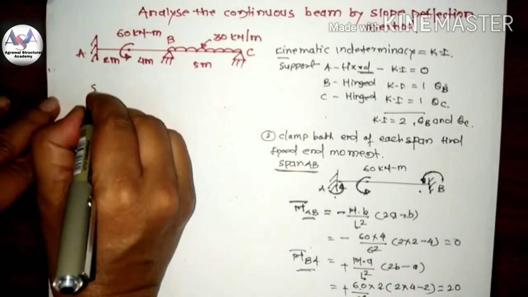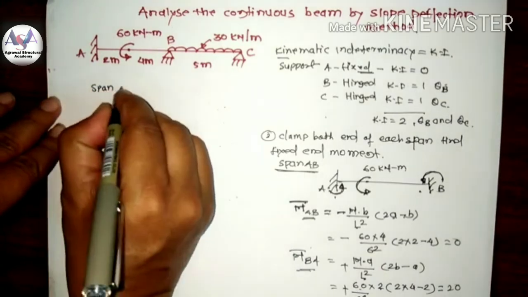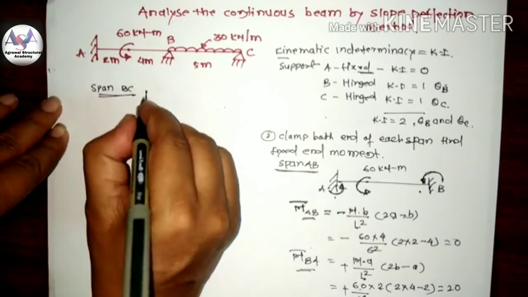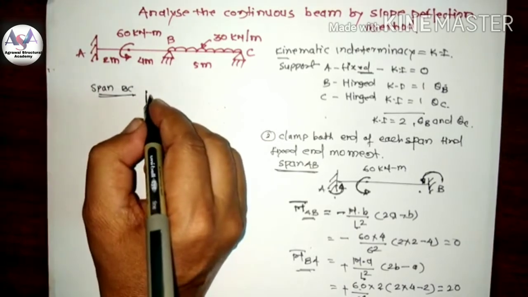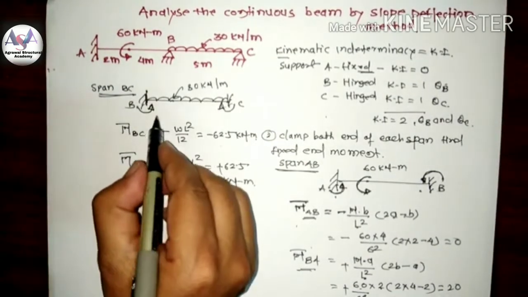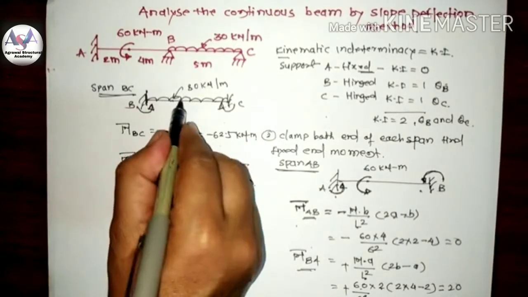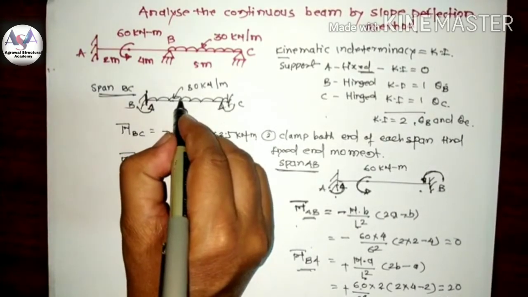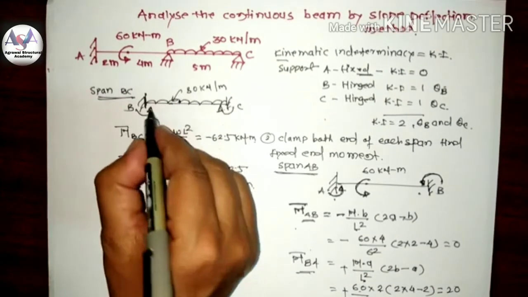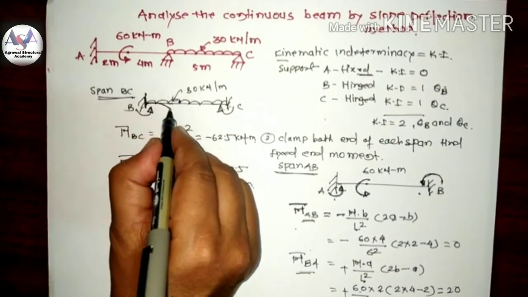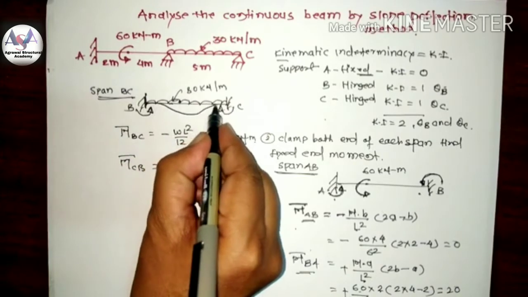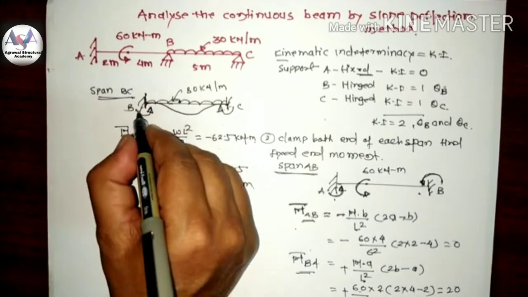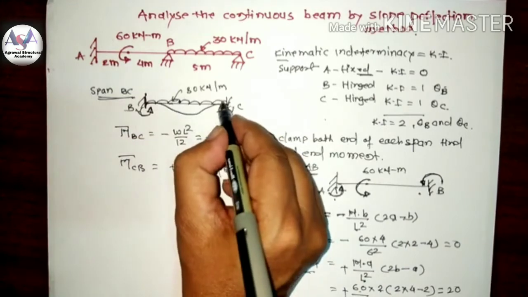The span BC here is subjected to a load. Now here this load creates the deflection like this. So this is a sagging shape, so these fixed end moments are both hogging in nature.